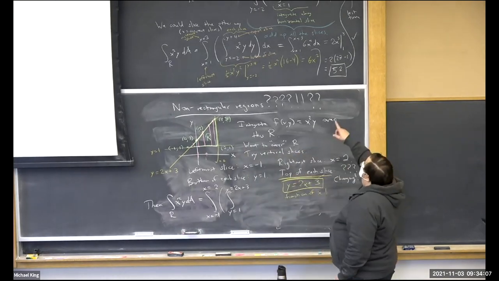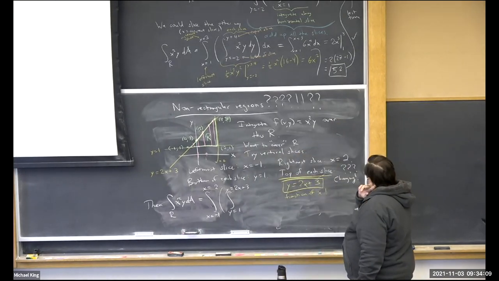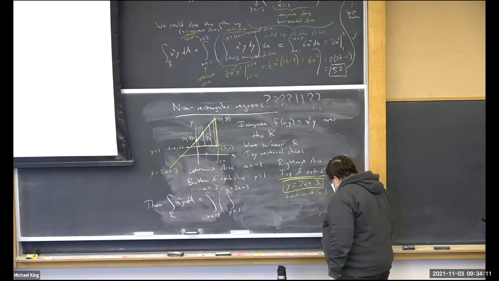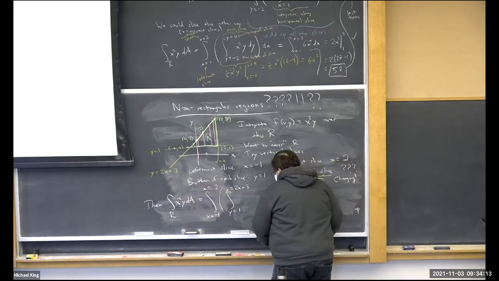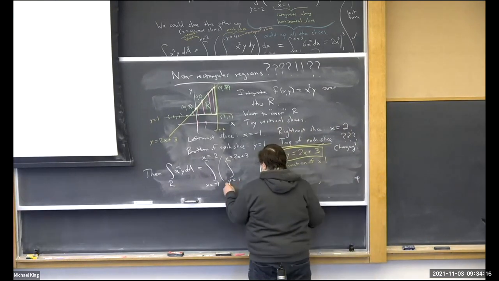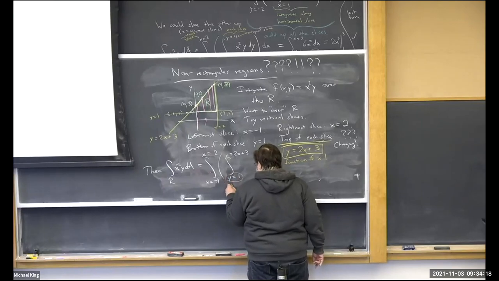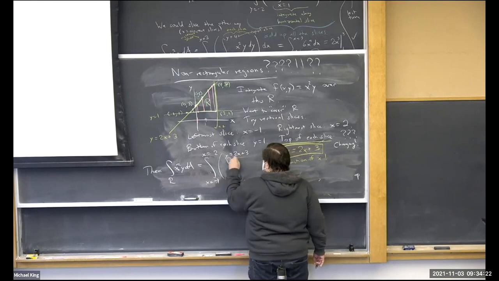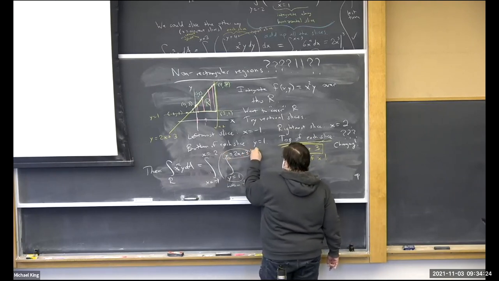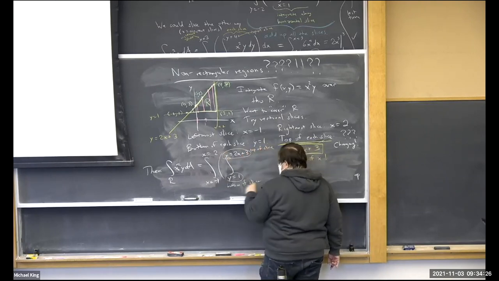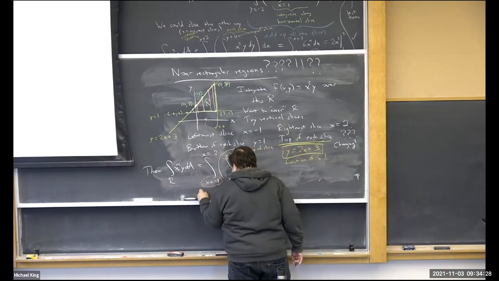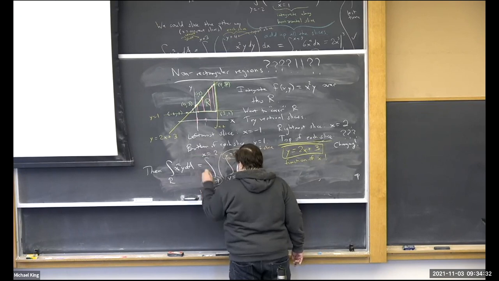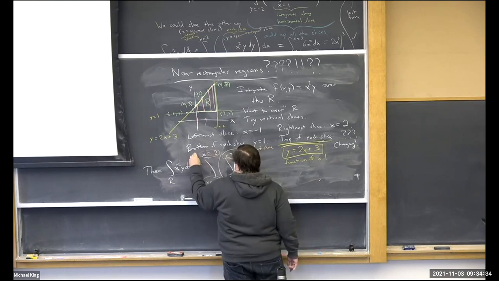So now you can have variables in your bounds of your integrals, which seems kind of strange at first, but it's still the same thing. This is the bottom of each slice. This is the top of a slice. This is the leftmost slice. And this is the rightmost slice.